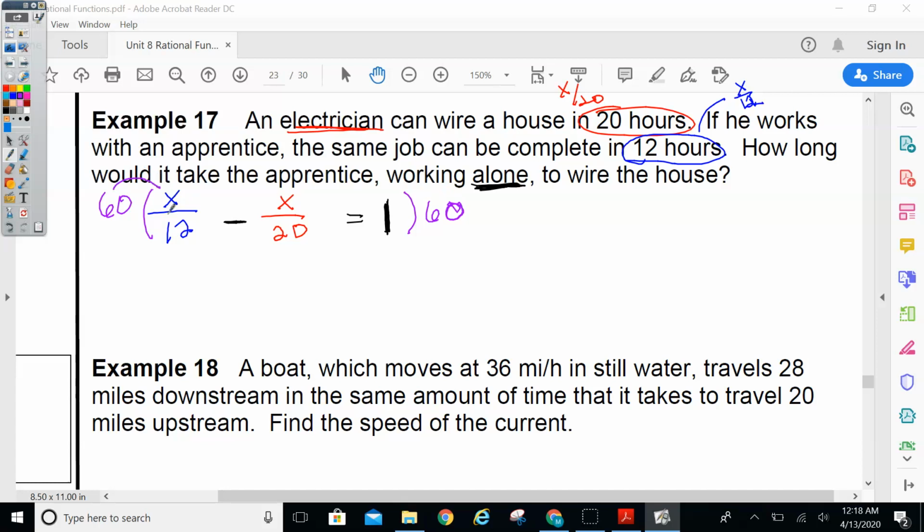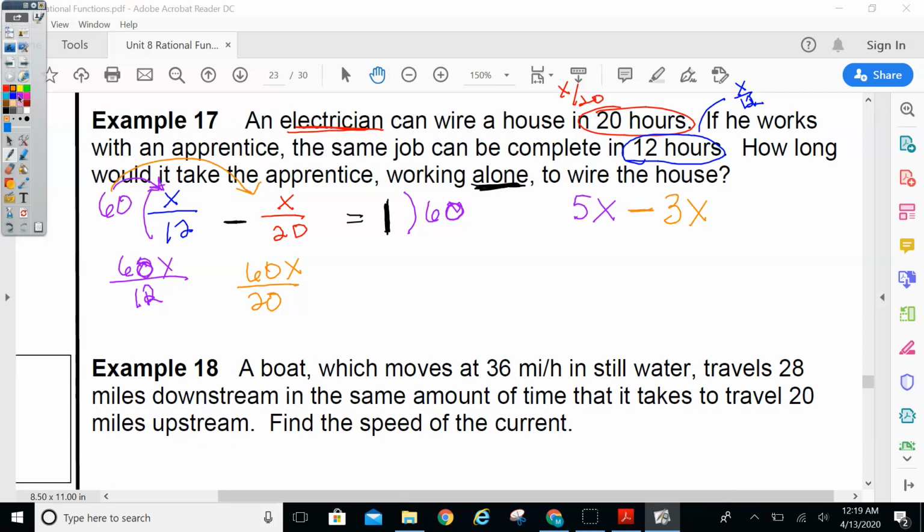So 60 times the first one is 60x over 12, which reduces to 5x. And then 60 times x over 20 is 60x over 20, which reduces to 3x. And then this time we're subtracting them.